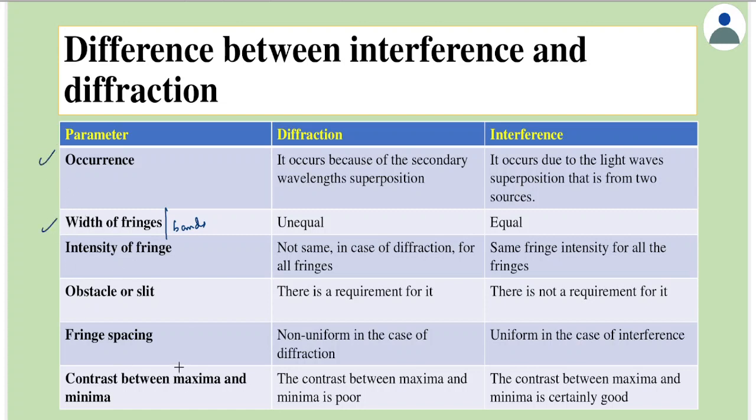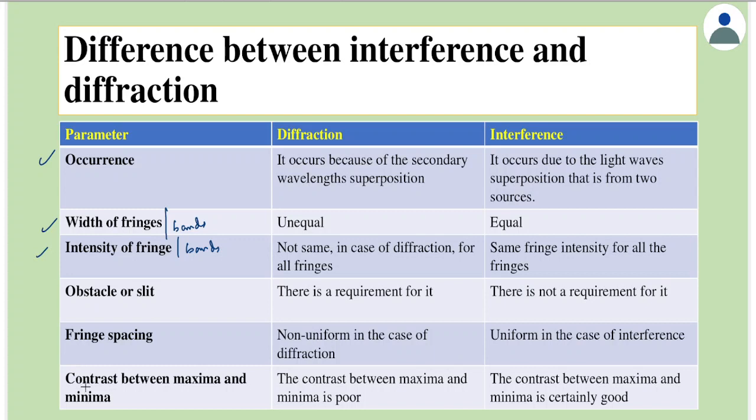The next difference is based on the intensity of the fringes or bands. In case of diffraction, as we saw earlier, the central maximum has the highest intensity, and when we go away from it, the intensity decreases. But in case of interference, all the bands have the same intensity. That is, all the bright bands have the same intensity.